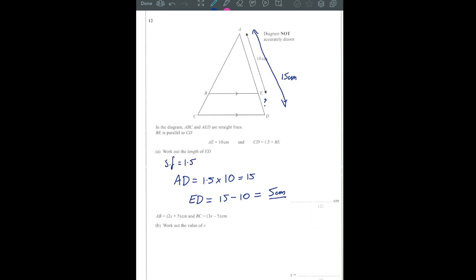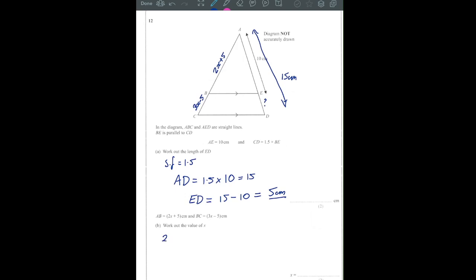Part 2, we've been told something about AB and BC. And we've been told it in an algebraic way. So AB is 2x plus 5 and BC is 3x minus 5. We want to try and find x. So we need to create ourselves an equation linking these things together. Well, again, it's using the scale factor.